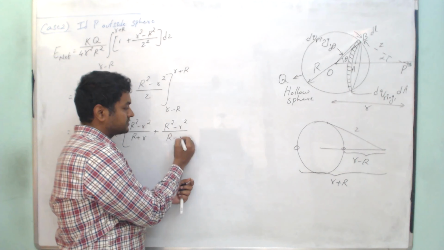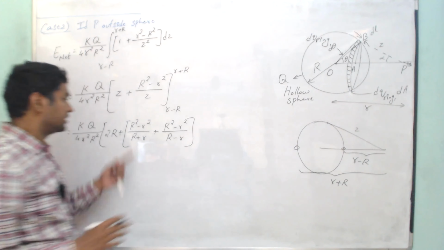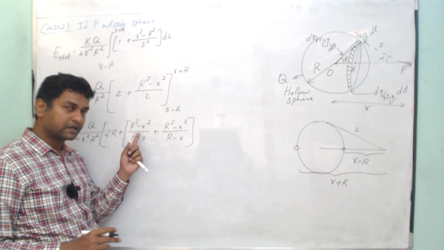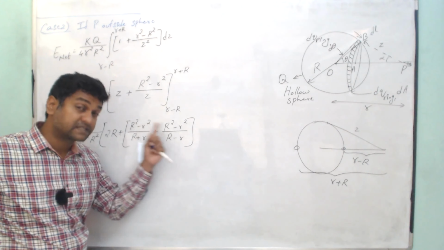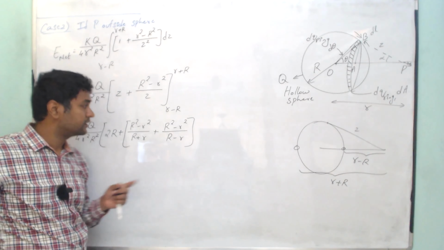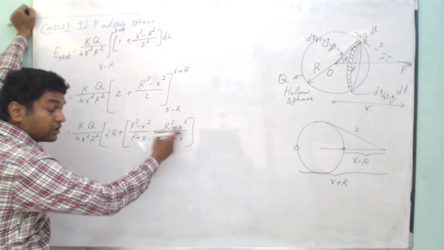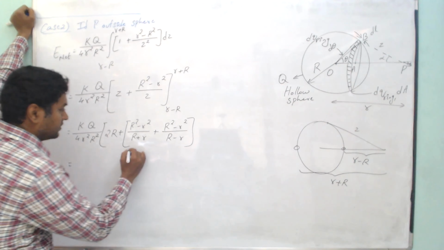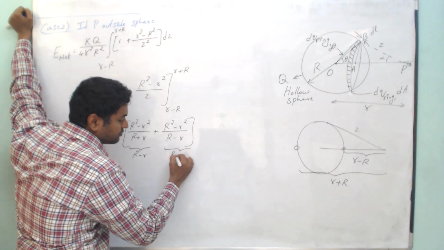A square minus b square by a plus b. So this is a minus b: capital R minus small r, plus capital R plus small r. This is capital R minus small r and this entire thing is capital R plus small r.